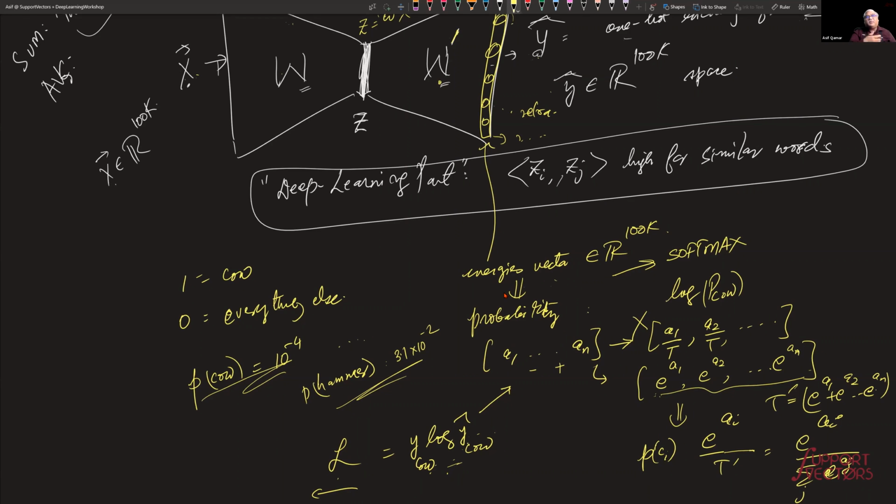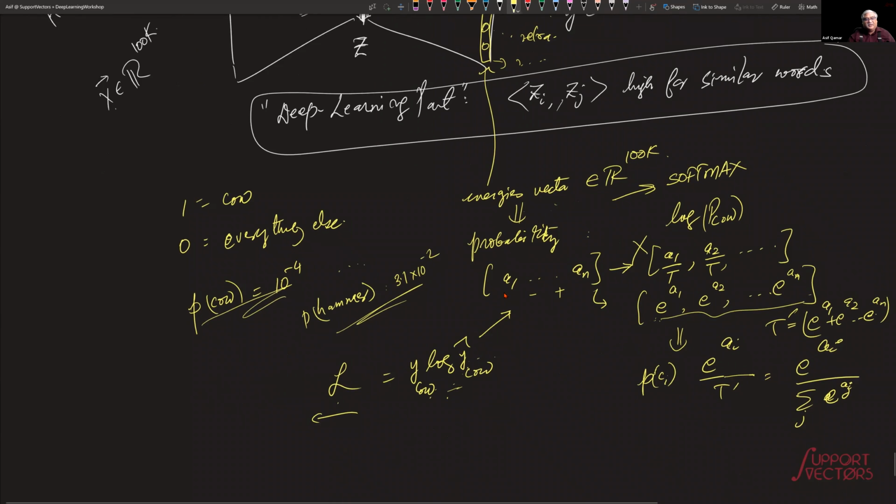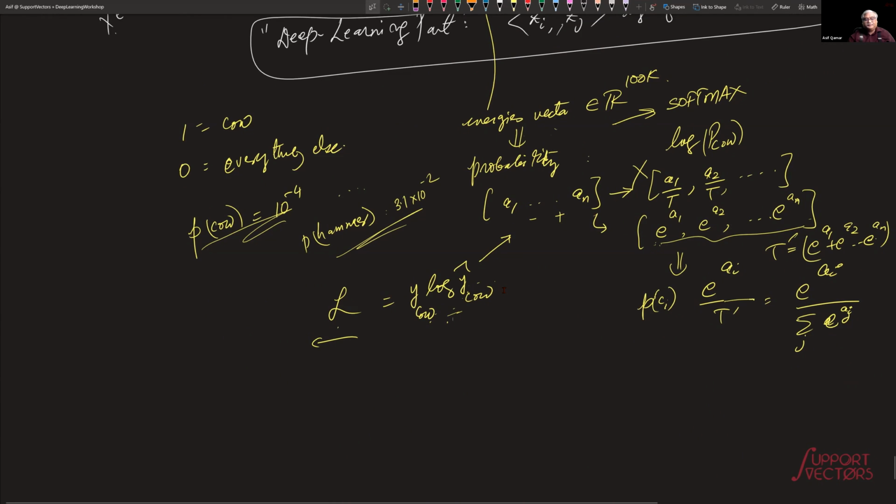And then if you pass a mini batch of data, of course, if you do stochastic gradient descent, you can learn one word by one word, or one row by one row of data. Or if you do mini batch, then you can add up all your loss functions across the different words. But those are minor details. Think that you're just doing stochastic, one word at a time. You get the intuition more easily.